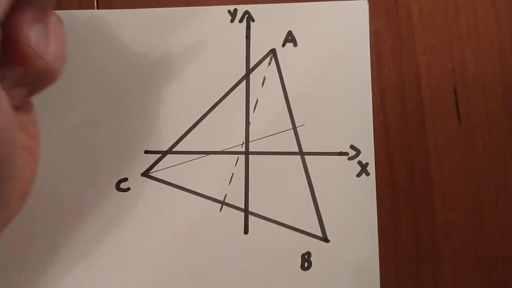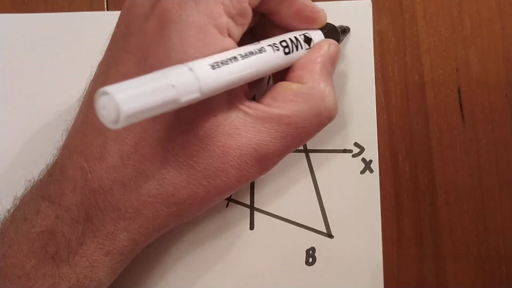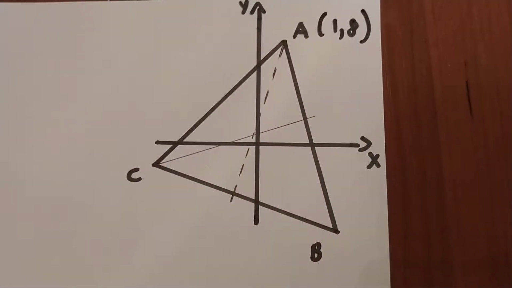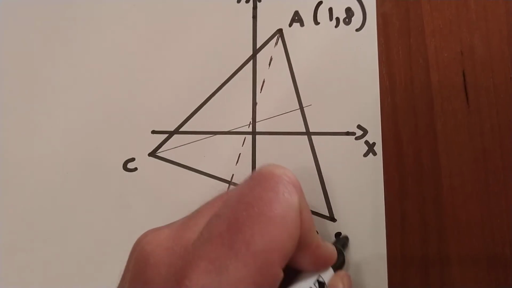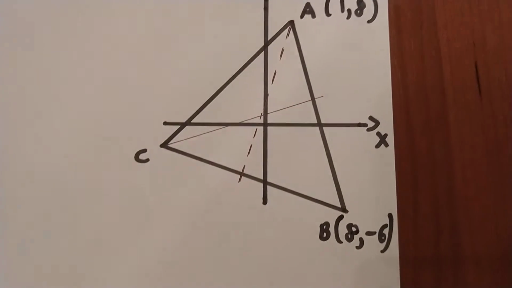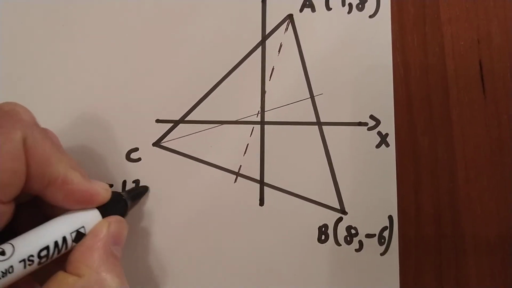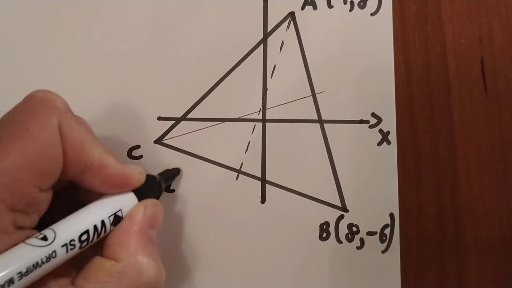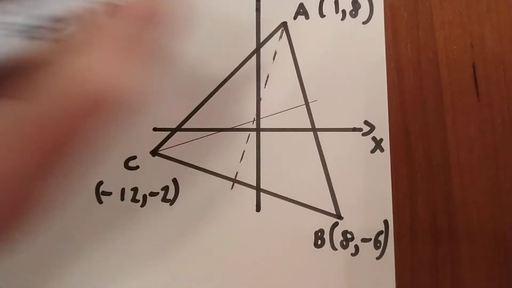So, change your notes, please, so that A is now the point 1, 8. And there's that point in our diagram. B is the point 8, negative 6. And C is the point negative 12, negative 2. These are the vertices of my triangle.